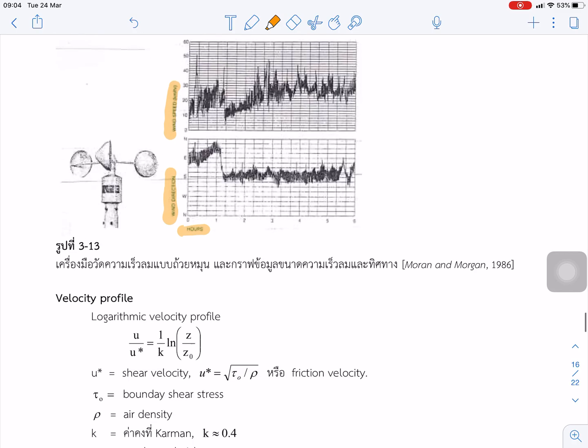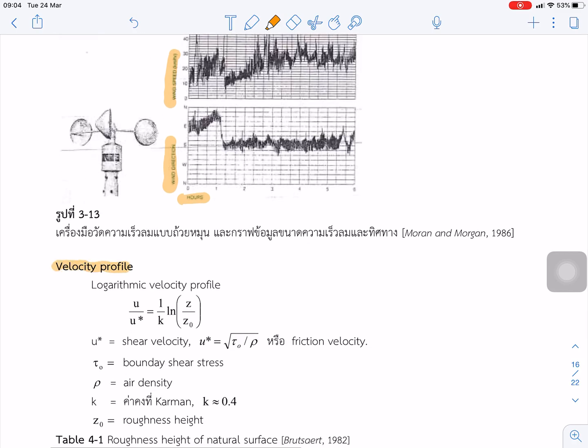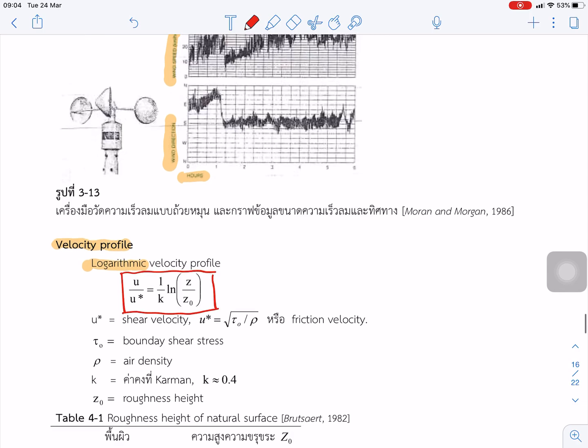Okay. To explain the velocity profile of the wind, we use the logarithmic equation, to explain the wind speed with the elevation. u is a function of the elevation, and u star is the shear velocity, and k is just a common constant, and z naught is the roughness height.